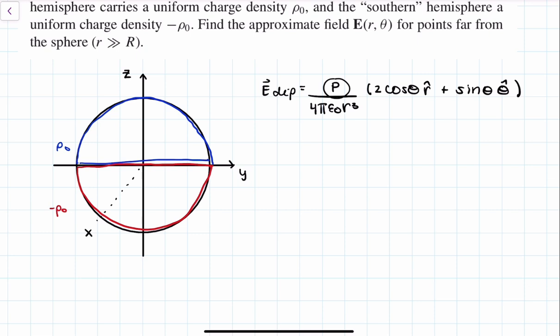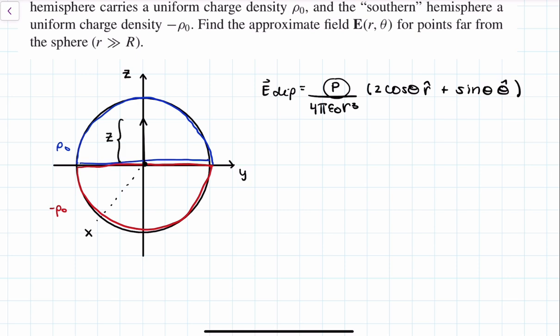And so to use this equation, our dipole moment needs to be facing the positive z hat direction and starting from the origin. So we have z over here.